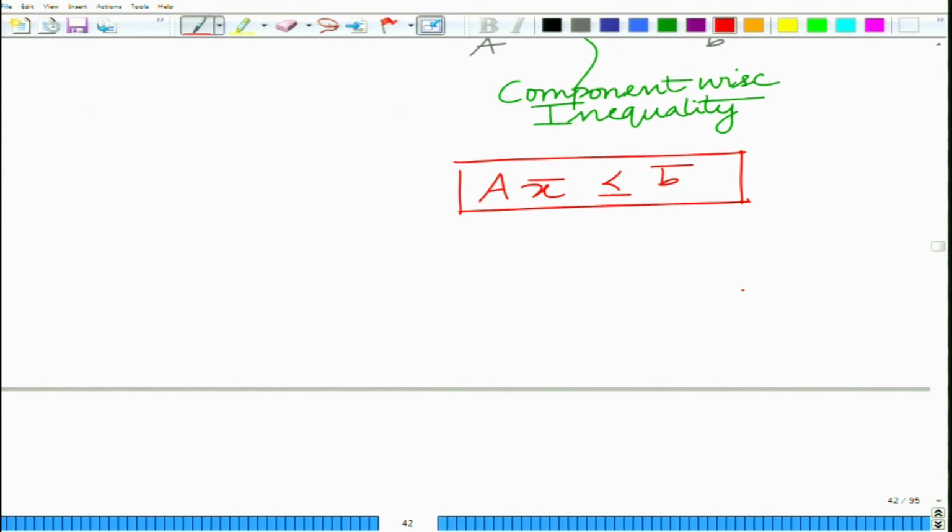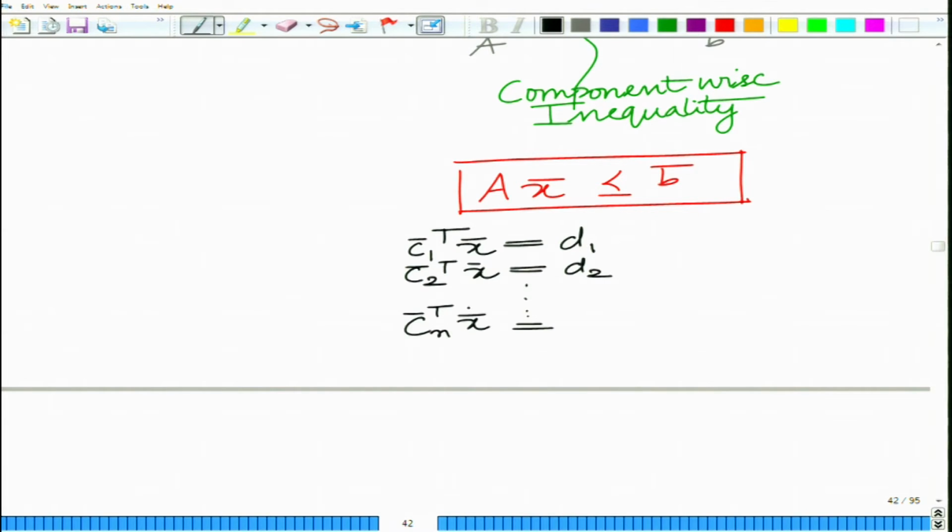Now, similarly, remember this is an intersection of half spaces. I can also formulate the hyperplanes as follows: C1 bar transpose x bar equals D1, C2 bar transpose x bar equals D2, Cm bar transpose x bar equals Dm.